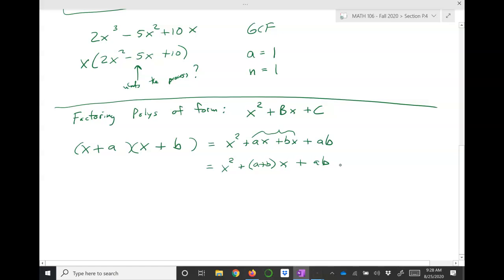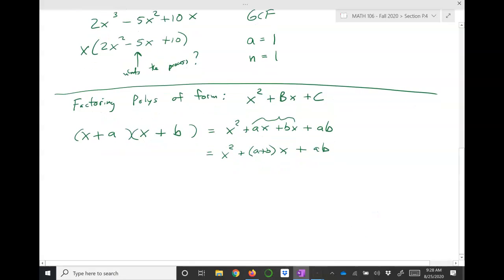Okay? So here's what we're doing. This is the form right here: x squared plus the quantity a plus b times x, plus a times b. That's the form of the equations that you're going to be seeing. And here's the process, right? I'm going to make an algorithm for you. What you're going to do is look for this a times b term, which is really just going to be c in this case, because the coefficient on x squared is a 1, so we don't have to care about what's going on there.